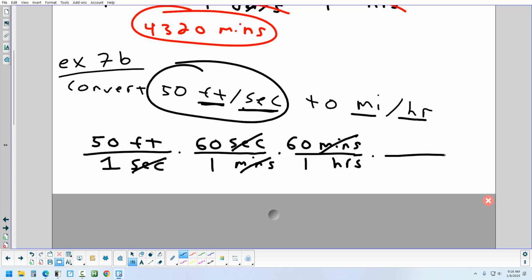Where is the label feet going to go? It has to go in the bottom because we're canceling it out. And the unit we're going to put in the top? Miles. Okay. So now, what is the fact that we can fill in there?